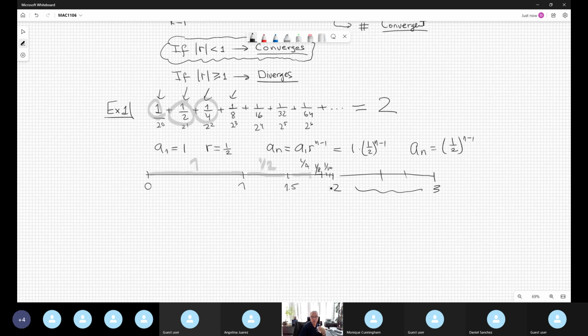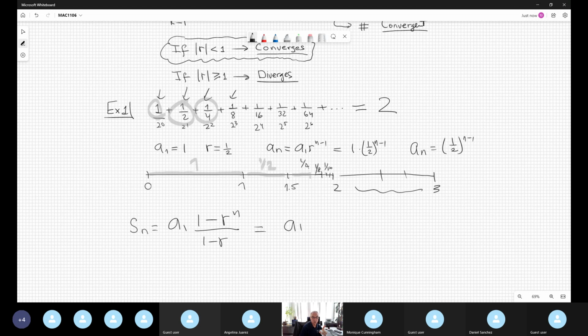But I want to prove it. The formula comes from the formula that we studied before, A1 times 1 minus R to the n, divided by 1 minus R. See that formula, you separate it in 2 pieces.